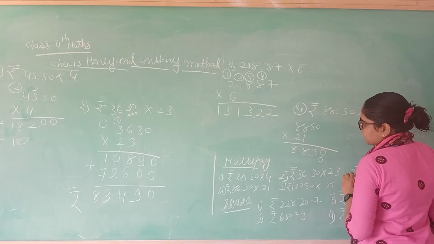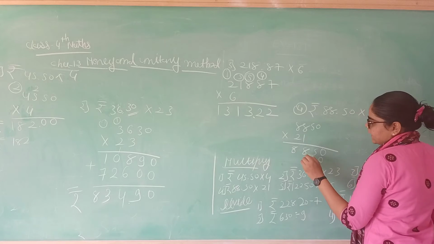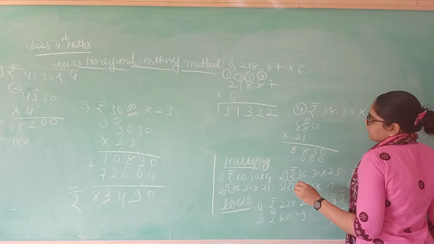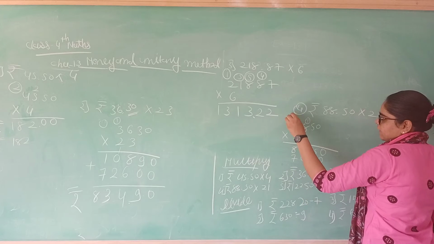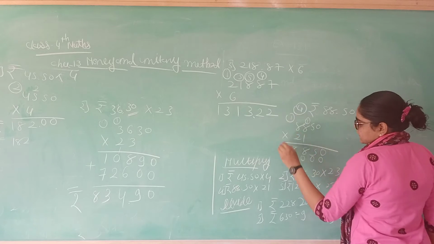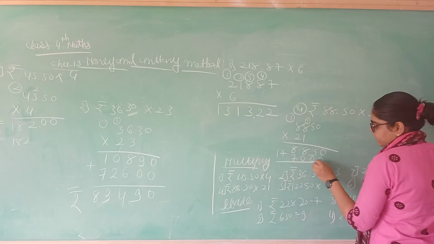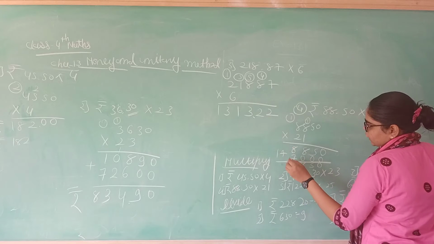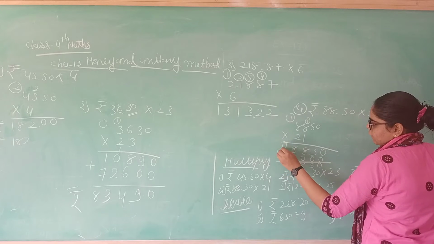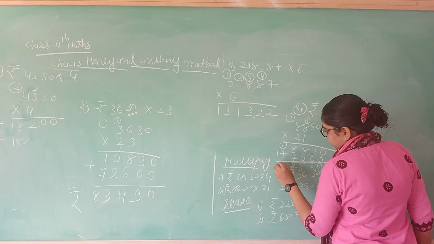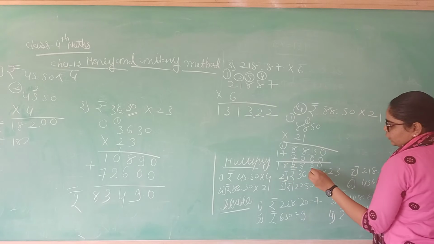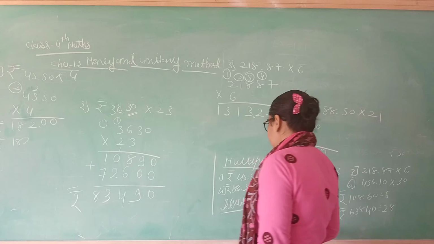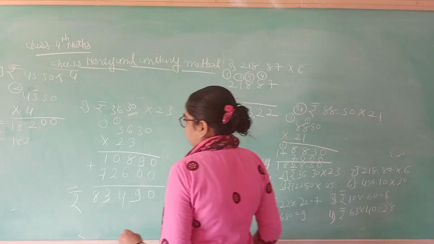Then first write down here 0, 2 zeros are 0, 2 5s are 10, 0 here, 1 carry over, 2 8s are 16, 16 plus 1, 17, 7 here, 1 carry over. 2 8s are 16, 16 plus 1, 17. So 0, 5, 8. 7 plus 7, 14 plus 1, 15. 5 here, 1 carry over. 7 plus 1, 8 and here 1. 1 and 2 decimal points here. Okay.